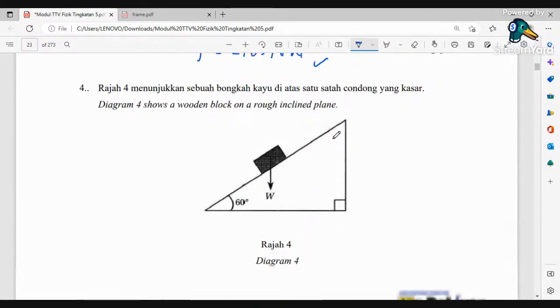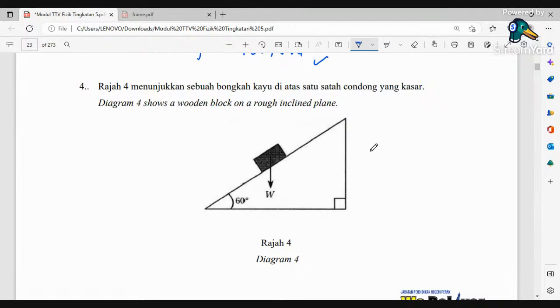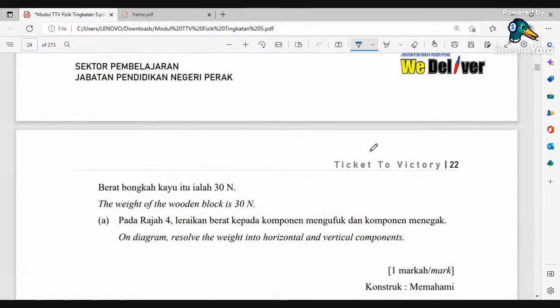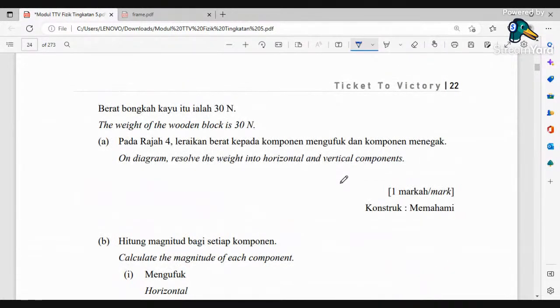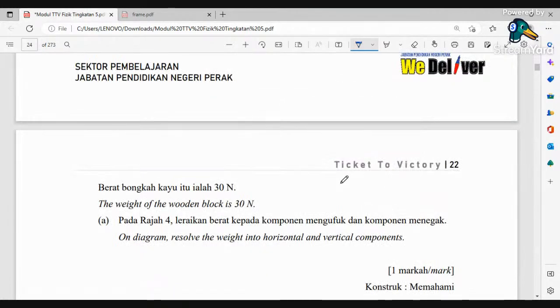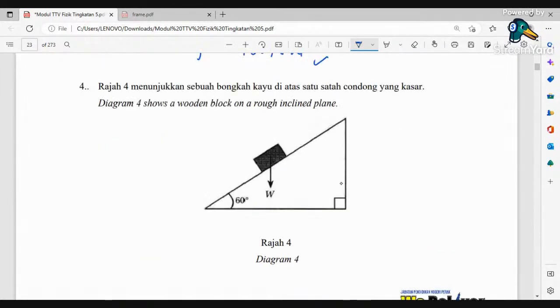Number 4, diagram 4 shows a wooden block on a rough inclined plane. Weight of the wooden block is 30 Newton. On the diagram, resolve the weight into horizontal component and vertical component. Okay, so angle here 60 means angle here also 60.